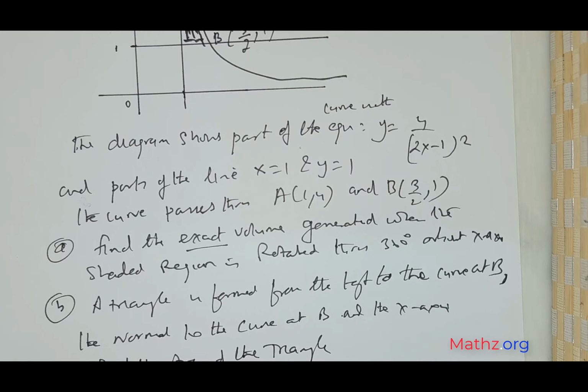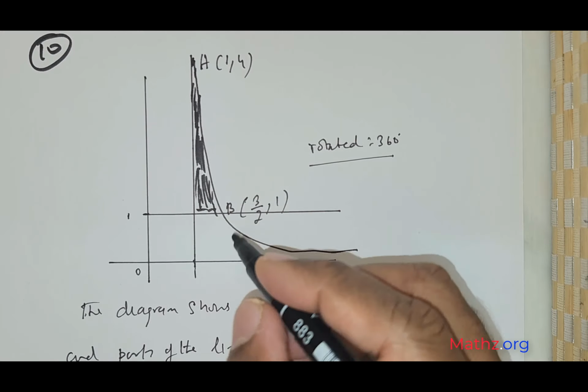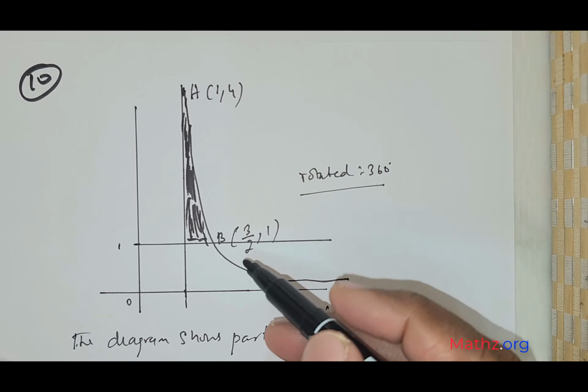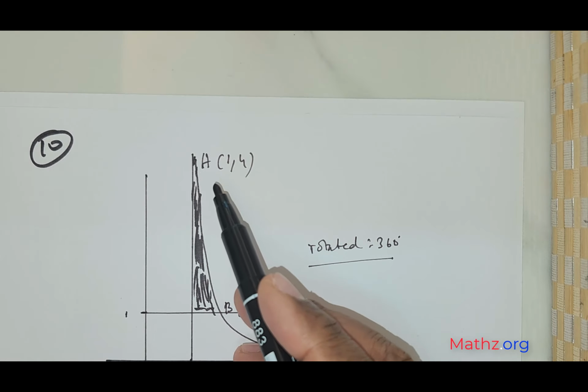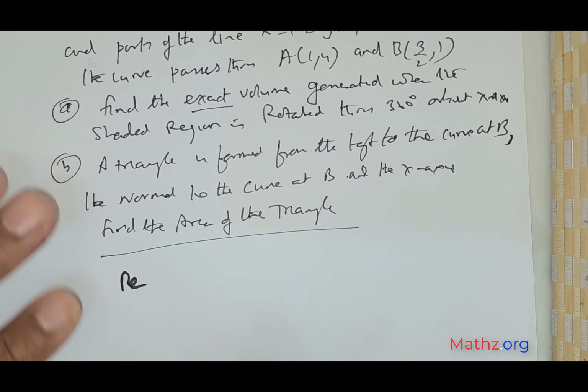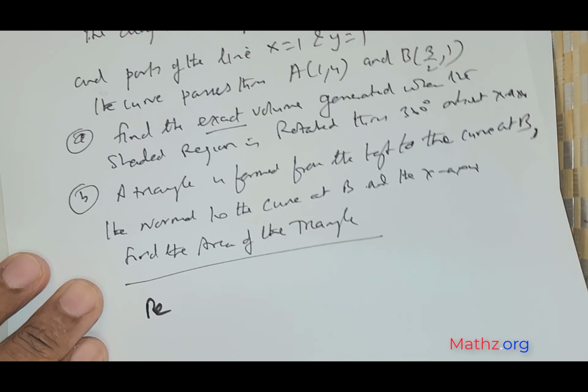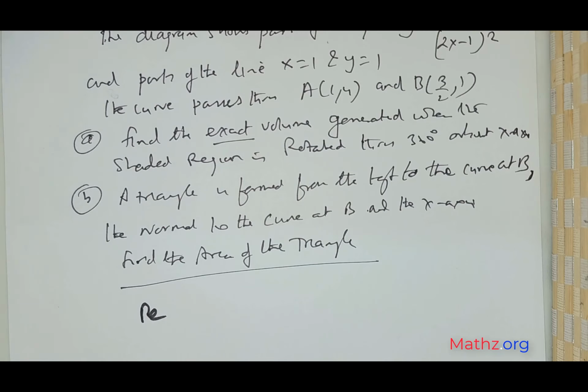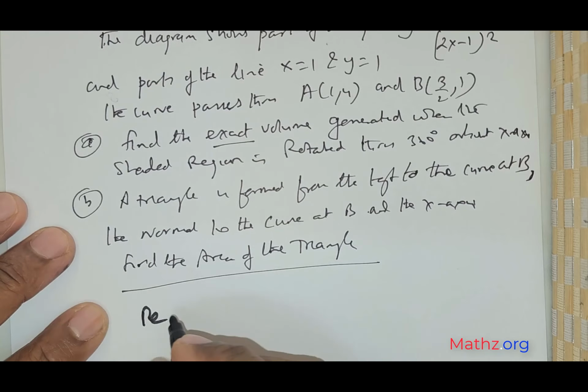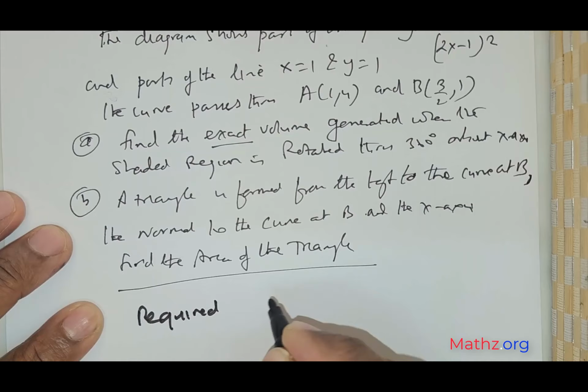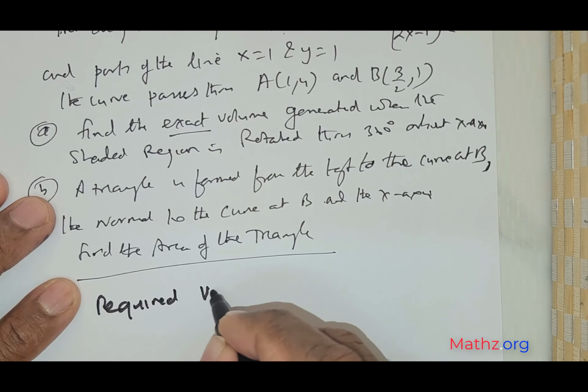So now it's about the x-axis. So you see the figure, the limits are 1 to 3/2. So I'm going to write the formula here. So let me write the required volume.